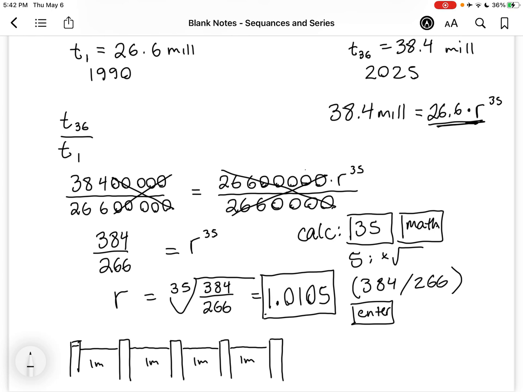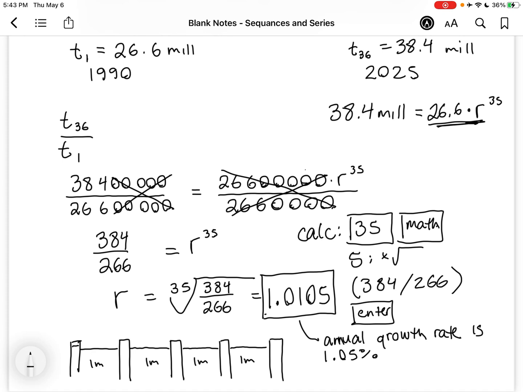That tells us that the annual growth rate is about 1.05%, because remember, this 1.0105 is 1 plus the growth rate. Now, annual with two n's.